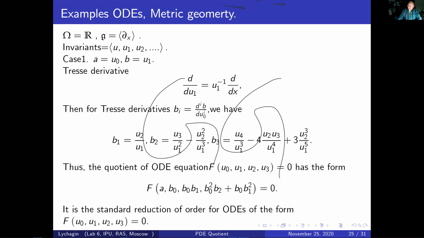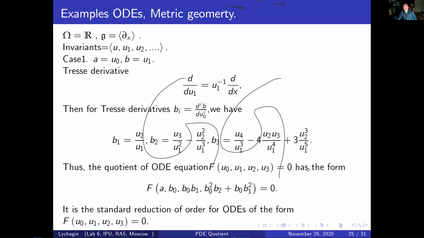So then this operation of taking total derivatives is very simple. If you apply it, I will use these notations B1, B2 and so on, it simply means the first derivative of B, the second derivative, and so on.